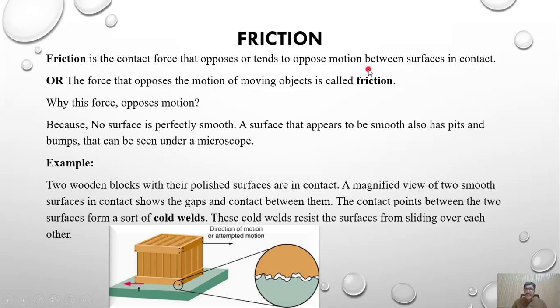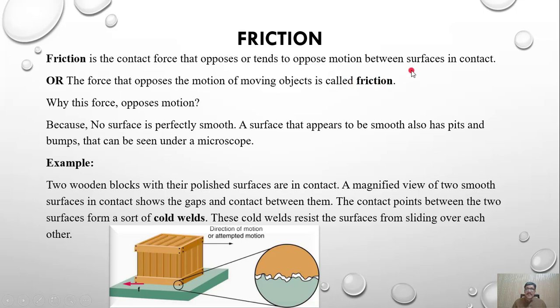If one object is in contact with another surface or object, and we move one of them, there will be some resistance to the motion of that object. Why? Because of friction. You can say the force that opposes the motion of a moving object is called friction.